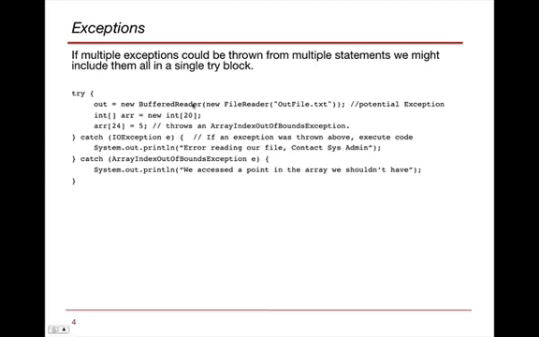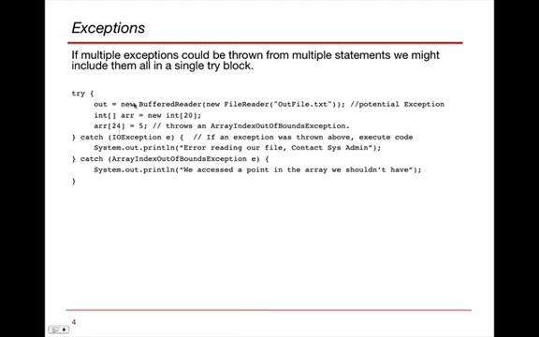We could also have multiple statements that may throw an exception. In this case, we have another try block where this buffered reader line could throw an IO exception error. But we also may have an array index out of bounds exception being thrown by this because we are accessing a point of an array that does not exist, the 24th location out of an integer array of 20.